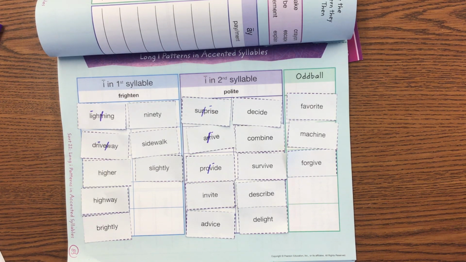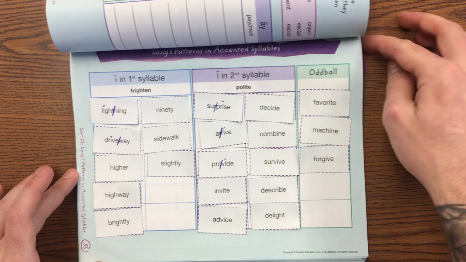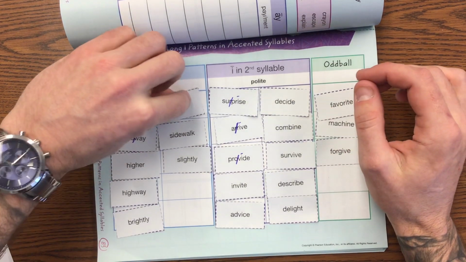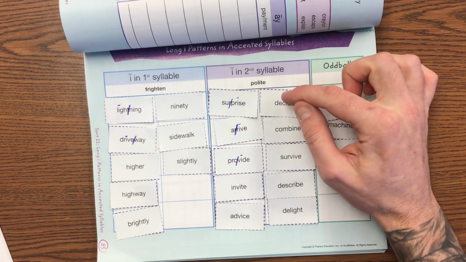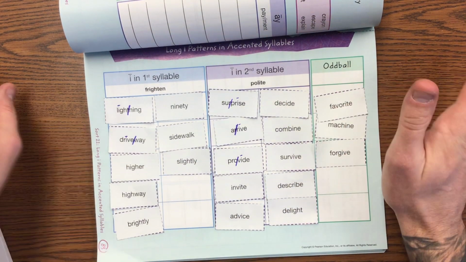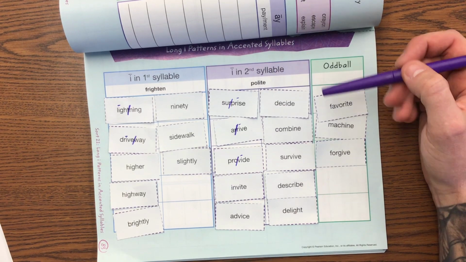What I would like you to look at in addition is that when we look at words that have that vowel consonant E, it usually falls into the second syllable. Think about it.